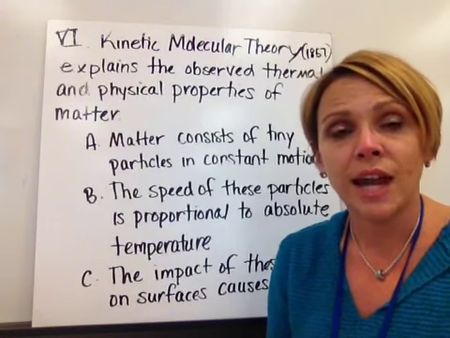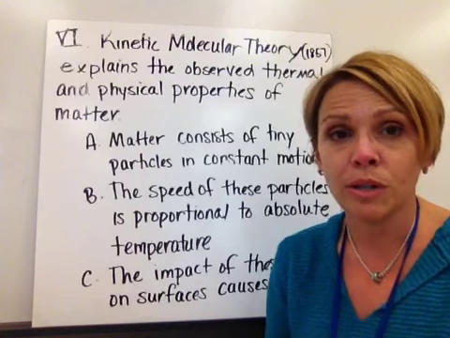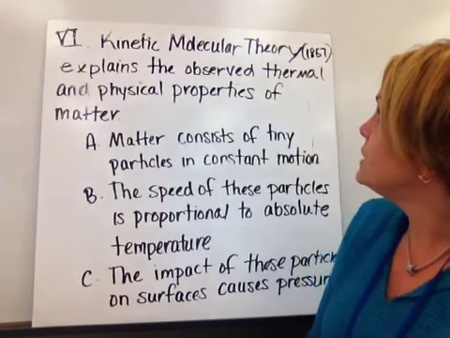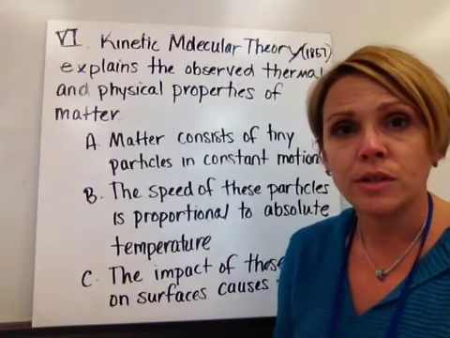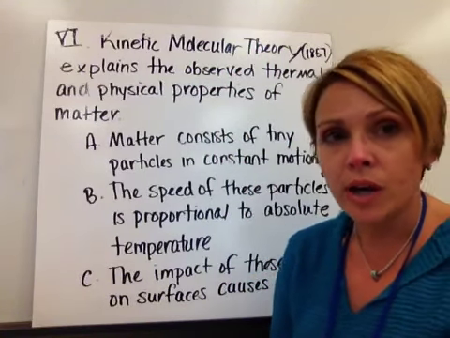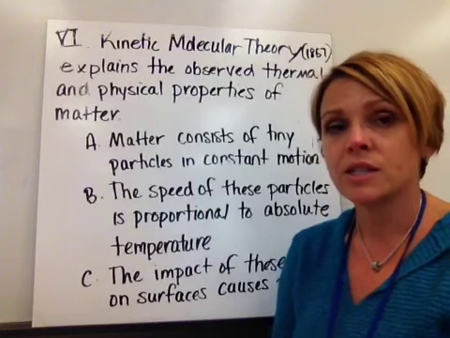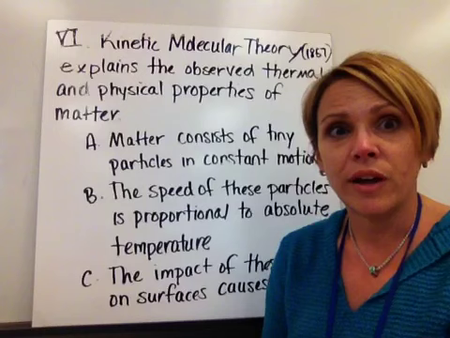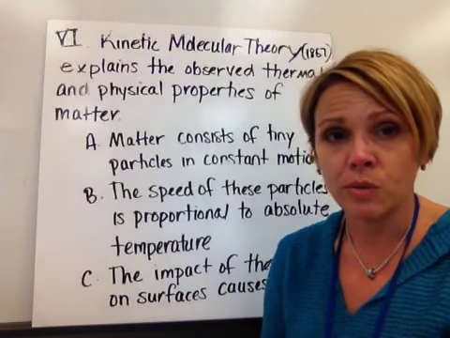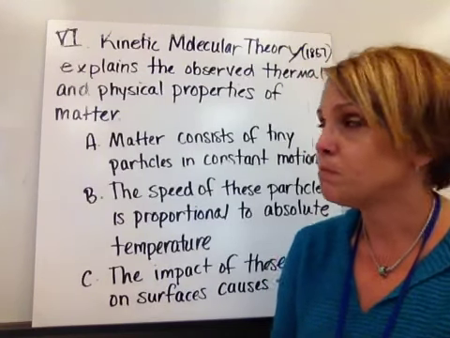And those scientists came up with what we now call the kinetic molecular theory. As you can see, the kinetic molecular theory was developed in 1857, and it's still being developed. We are always looking for more explanations. So this theory was developed well after the laws that were written down.